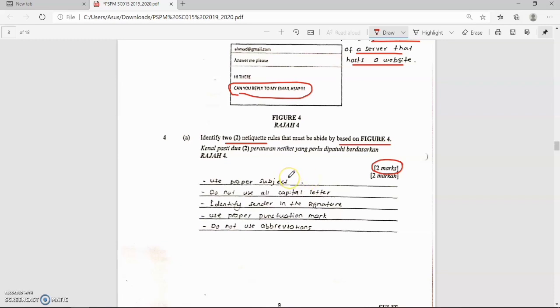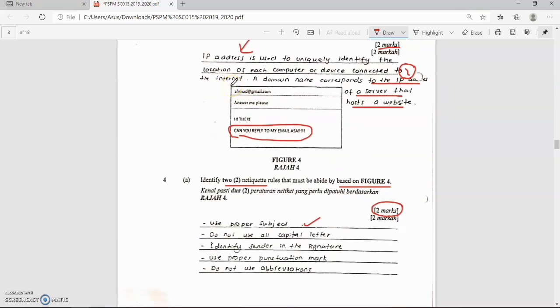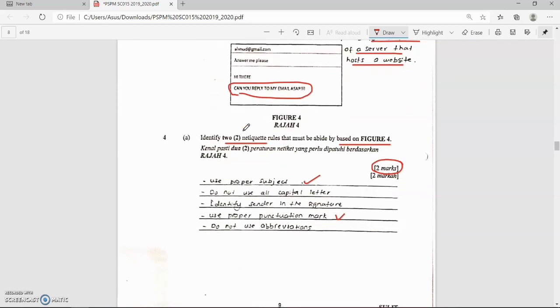Then also use proper punctuation marks. So you can choose either one.